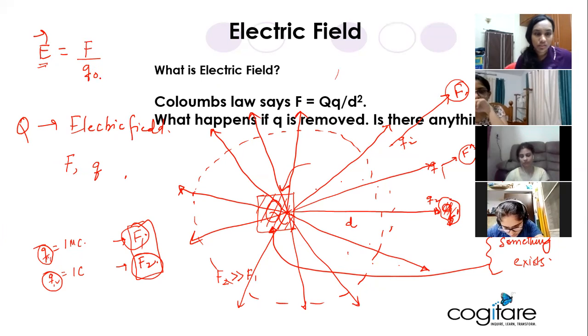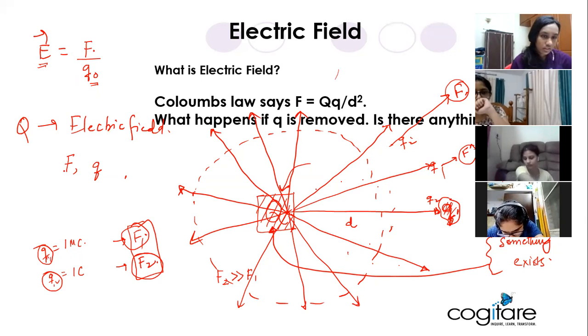If I put a small charge, it is experiencing small force. If I put a big charge, it is experiencing a bigger force. That means I can say electric field is nothing but force experienced by unit charge. Are you able to follow this? So when I say Q naught, it means force per charge.